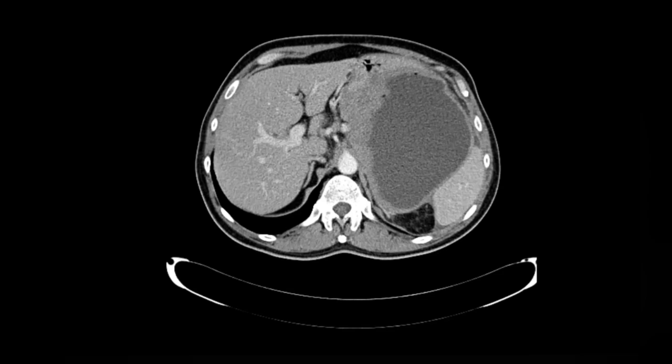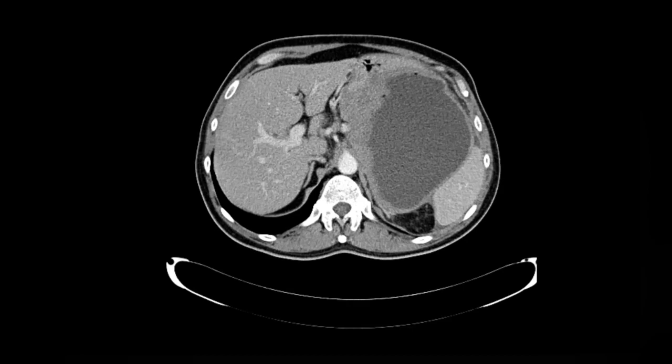The wall of the stomach is irregular. With this, this is an outpouching.